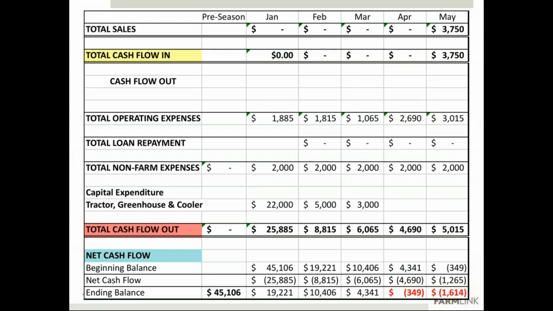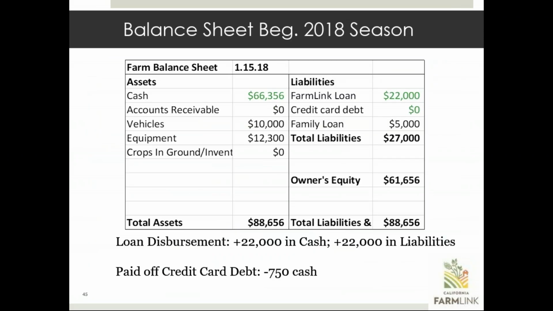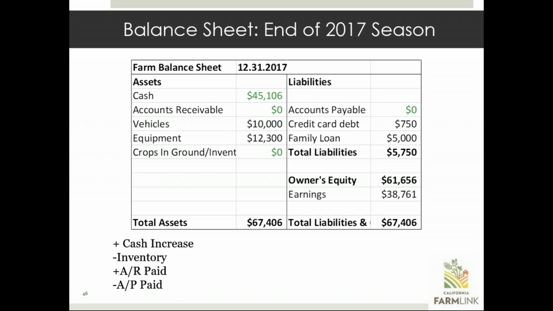She was wondering why the 38K was on the liability side. Okay, so this is the balance sheet.